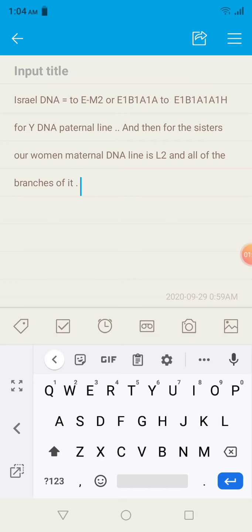So, real quick, we're going to get into the whole information about DNA. The Israelite DNA is dealing with a certain group, the E haplogroup of people. Right now we're going to talk about the paternal DNA.